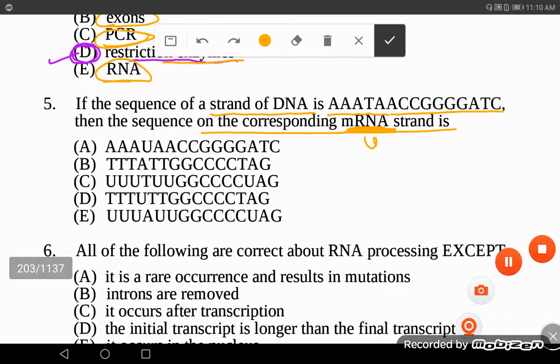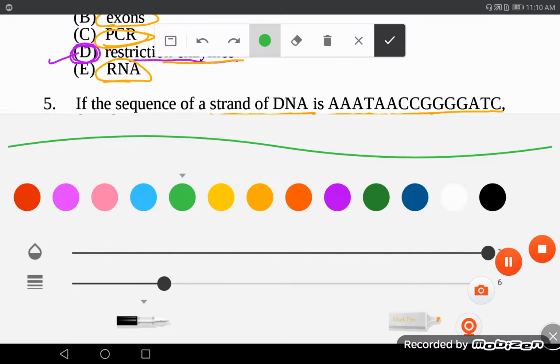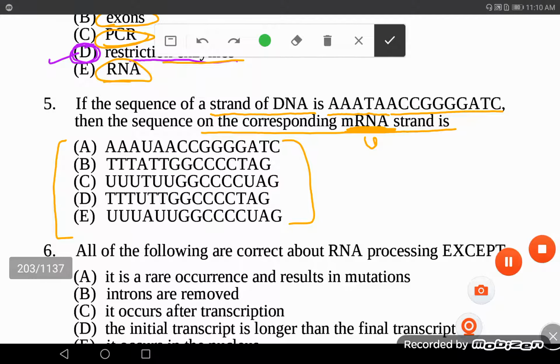Before coming to these choices, let's do it ourselves. Inside the mRNA, adenine will be uracil, uracil, uracil, and thymine will be adenine, uracil, uracil, guanine, guanine, cytosine. Thymine will be adenine, cytosine will be guanine.